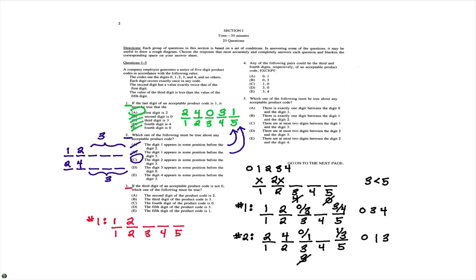Now, the third question is telling us that the third digit is not 0. Well, if the third digit is not 0, we know that it must be 3 in scenario 1, which means that now the only digit remaining that's greater than 3, 4 would have to go fifth, making 0 come fourth.